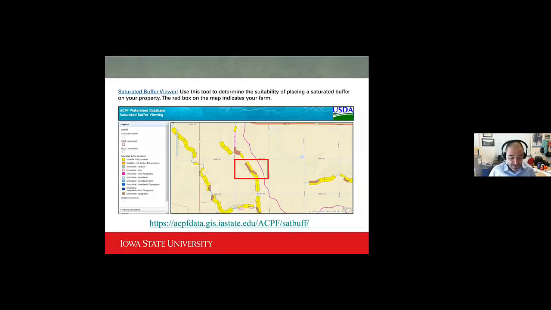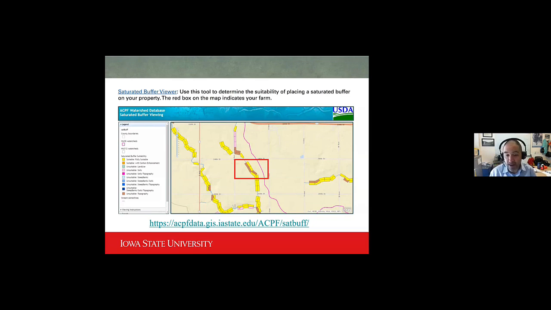Okay. If you're interested in this, there's a very useful tool out there, the Saturated Buffer Viewer, that you can go online to. The address is shown there. You can look at individual stream segments for suitability for a saturated buffer. I think that's very useful, kind of a first cut on whether a saturated buffer might work on an individual parcel of land.